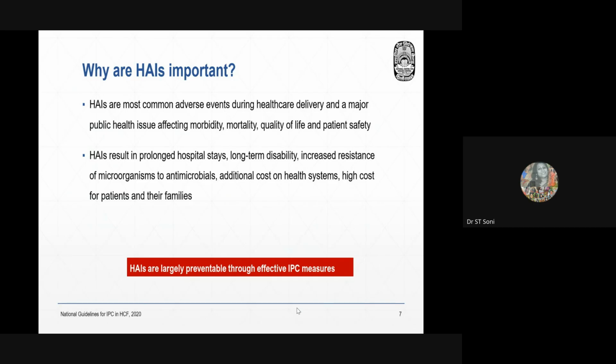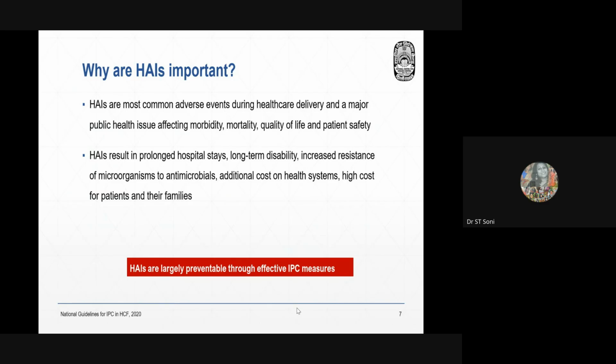It shows that our care delivery or quality of care is not optimum, and hence they are getting the healthcare associated infection. It's a major public health concern, affecting morbidity, mortality, quality of life and patient safety. It is one of the very important outcome indicators of any hospital.